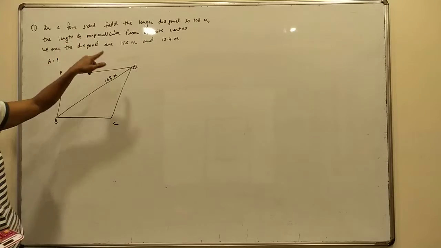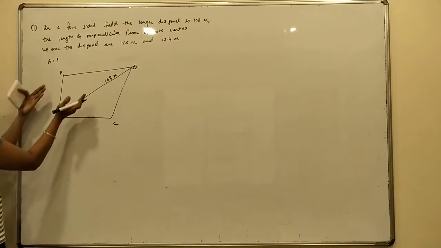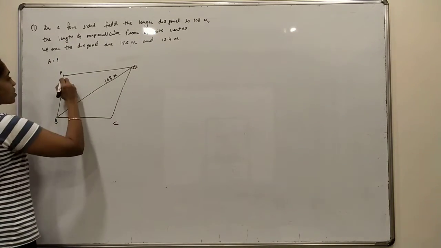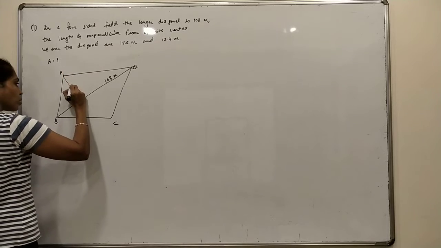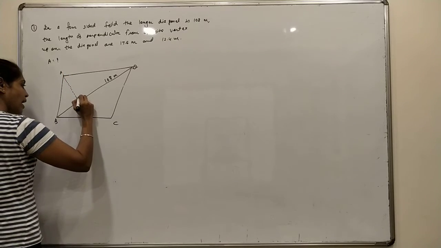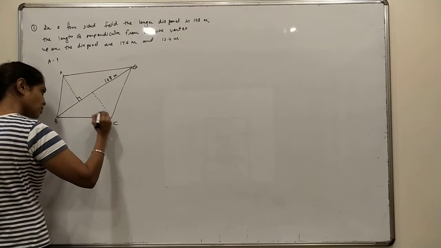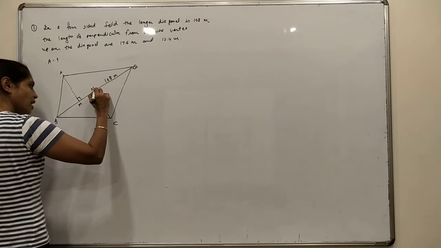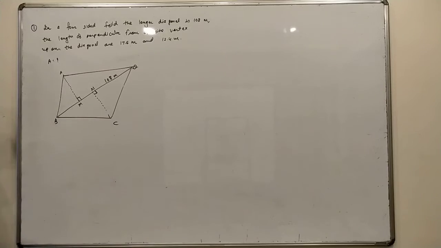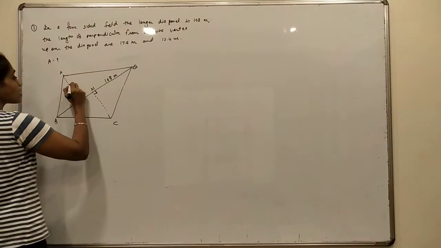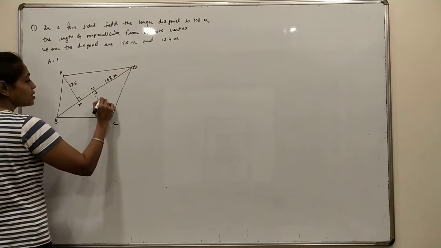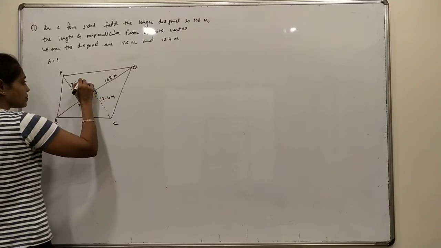The length of the perpendicular from the opposite vertex on the diagonal. Let AM be perpendicular on the longest diagonal. AM and CN are the perpendiculars, and their lengths are 17.6 and 12.4 meter.